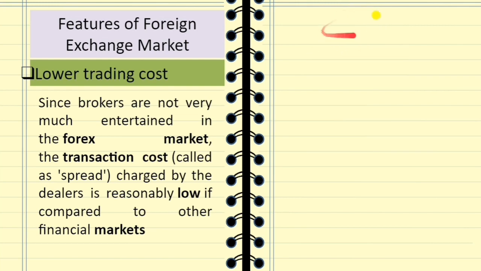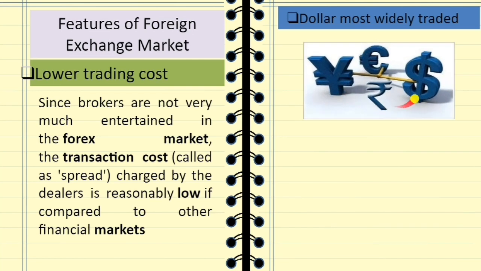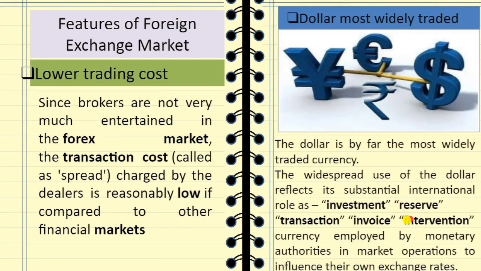And the last important feature of the foreign exchange market is that the dollar is the most widely traded currency. The dollar is by far the most widely traded currency, and its widespread use reflects its substantial international role in investment, reserves, transactions, invoices, and interventions, which are currency operations employed by the monetary authorities in the market to influence their own exchange rate.